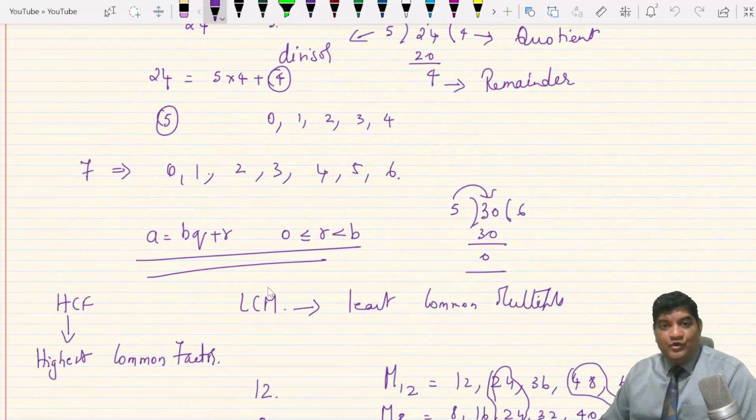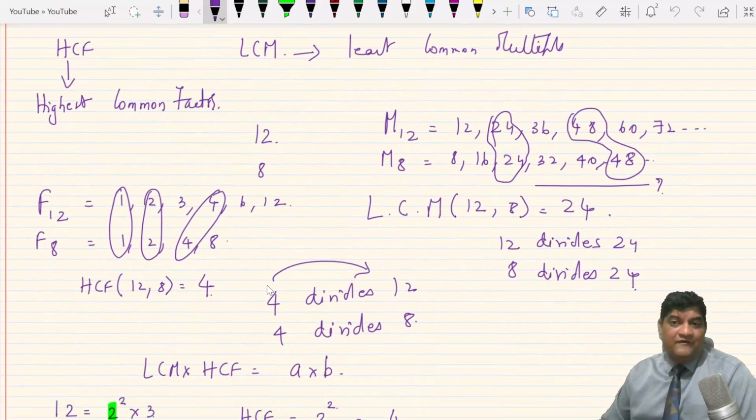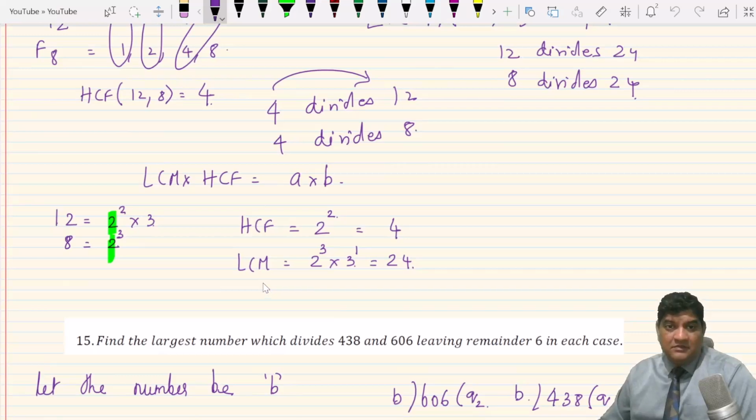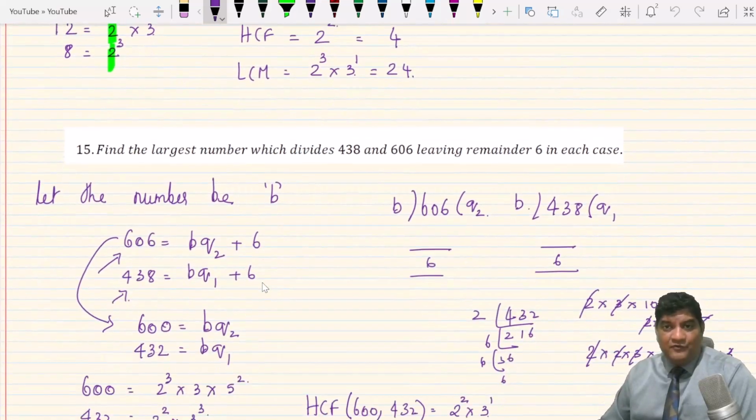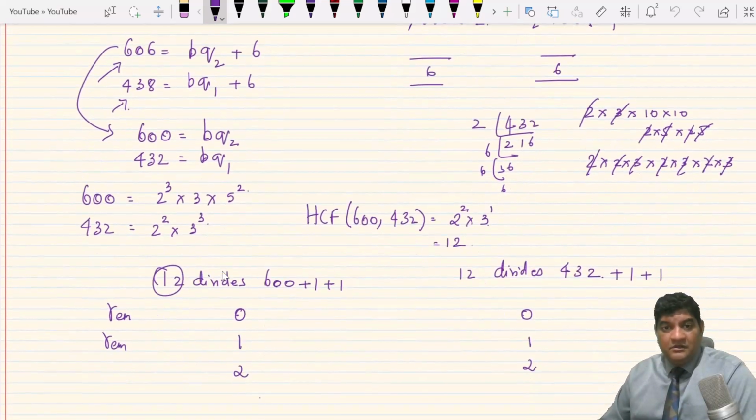And then we spoke about the meaning of HCF, the meaning of LCM, and how to find the HCF and LCM. And then we started off doing the first question, again the usage of a equals bq plus r.